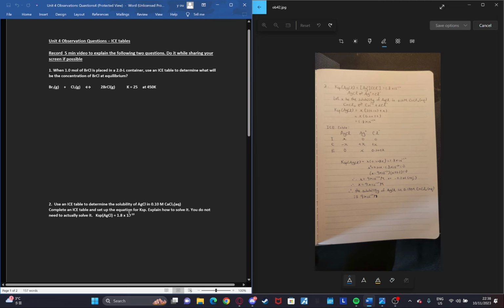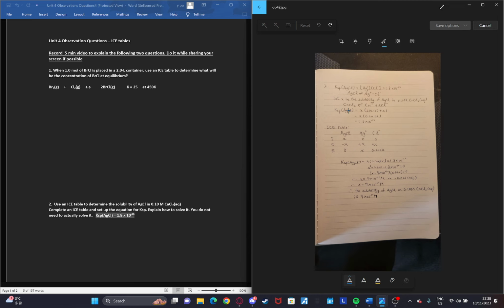For the second question, we get that AgCl is in 0.1 M of CaCl2, and we have to determine its solubility. Given that its solubility product constant is 1.8 times 10 to the power of negative 10, we can just let x be the solubility of AgCl in the 0.1 M of CaCl2.